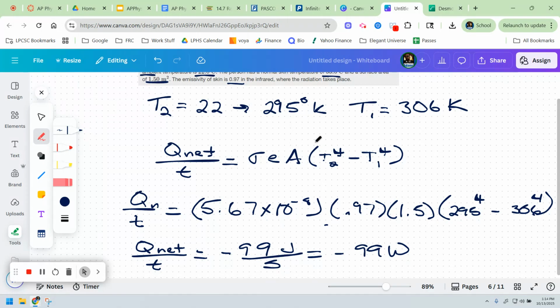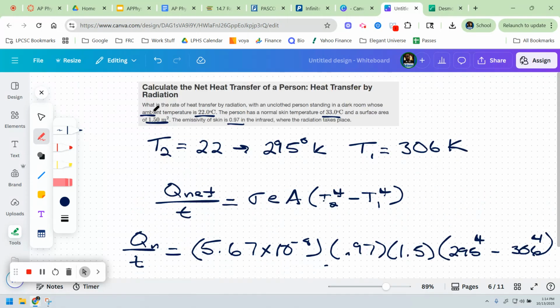Let's read that again just because the negative sign means something here. The room, its ambient temperature is 22. Now they say dark room because they're saying it's so dark in there, there's no other electromagnetic radiation. In other words, the transfer of radiation is solely based on heat energy leaving your body and being absorbed by the room.